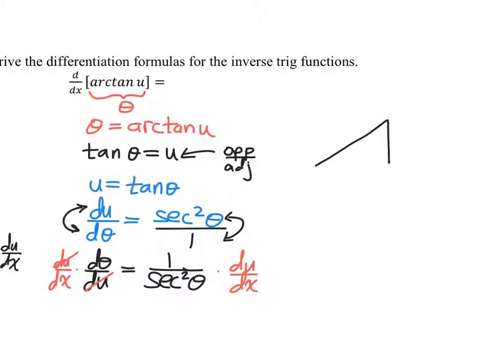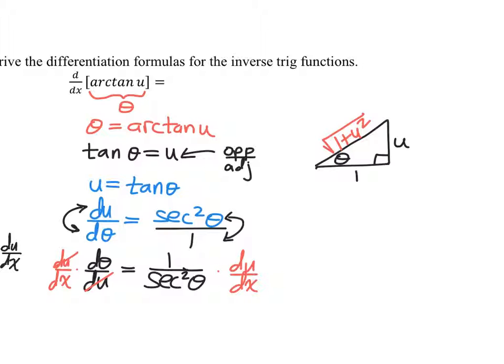So triangle. Opposite side would be u. Adjacent side would be 1. So what's my hypotenuse going to be? Square root of 1 plus u squared, exactly.